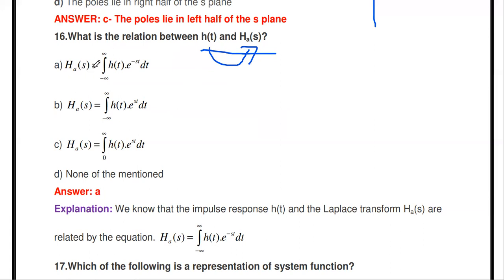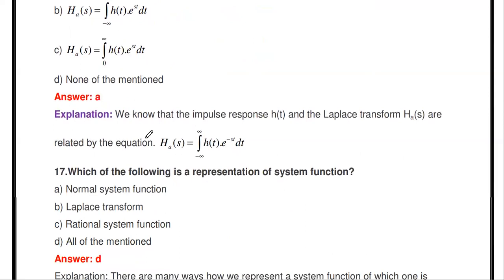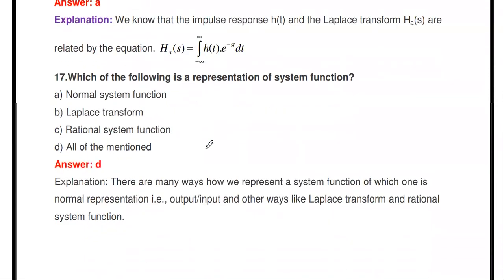HA of s is the integral from minus infinity to infinity of h of t e power minus st dt. So this is the correct relation between the impulse response and the transfer function. In the remaining two options, e power plus st is given. This is wrong. The formula is e power minus st dt. This is the Laplace transform formula.